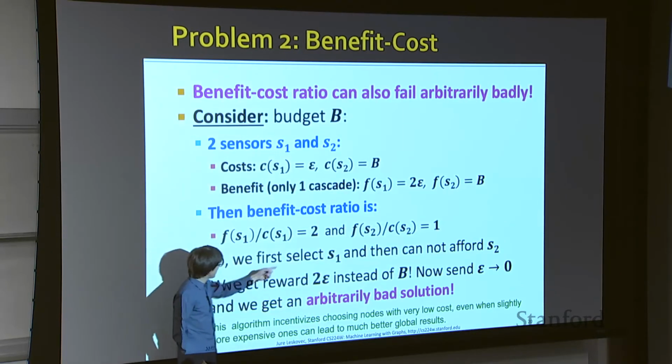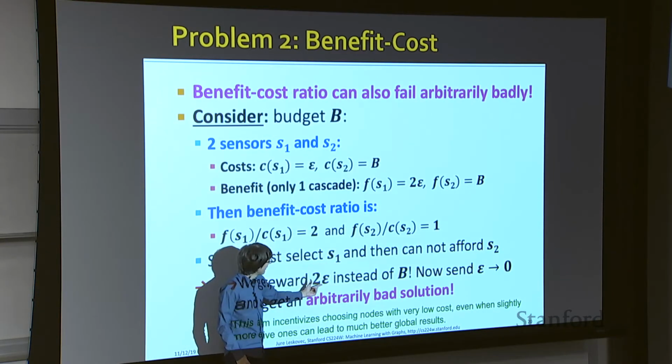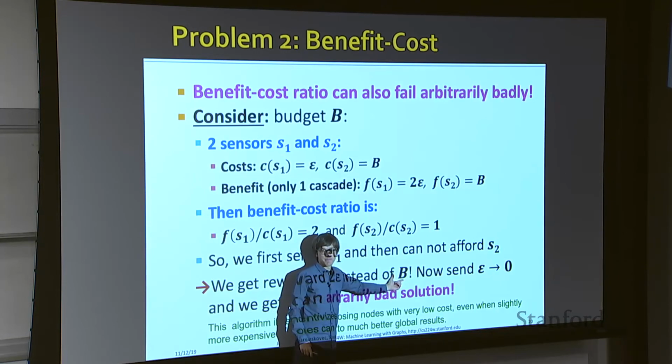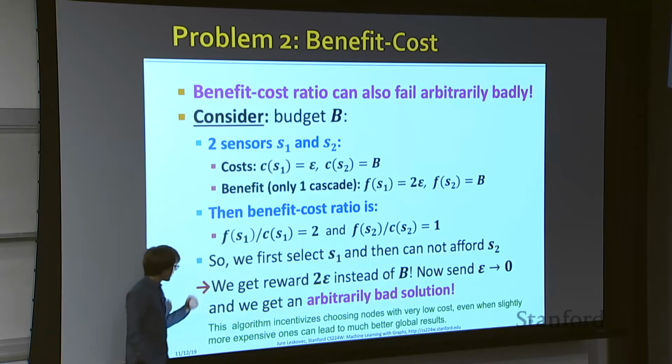Okay? So what does it mean? By selecting S1, we get reward 2 times epsilon, while if we would select S2, we would get the reward of B. Right? And again, if you send epsilon to 0, you get an arbitrarily bad solution.